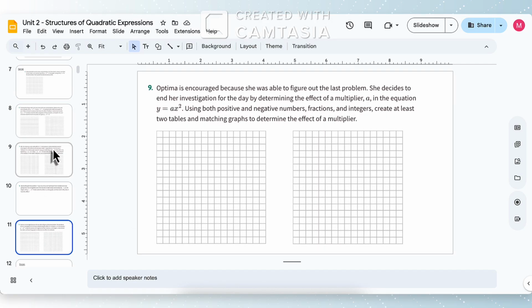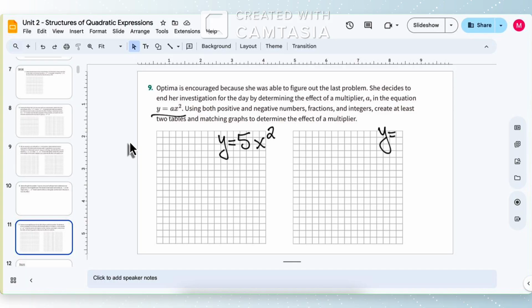So if we went down to option 9, and I've got y equals ax squared, we could do y equals 5x squared, or we could do y equals negative 5x squared, so that we do both a positive and a negative value.